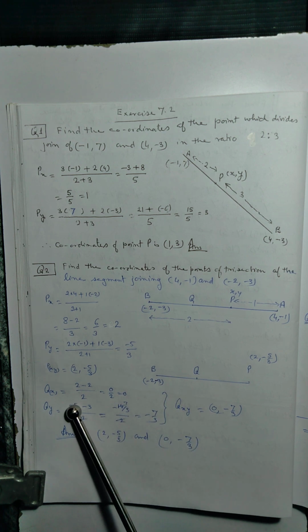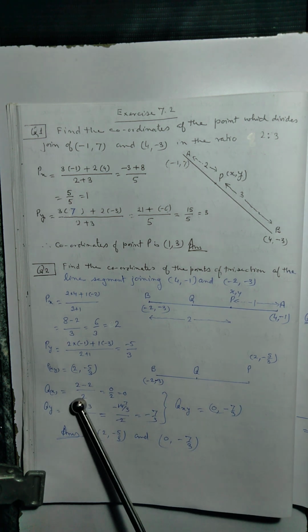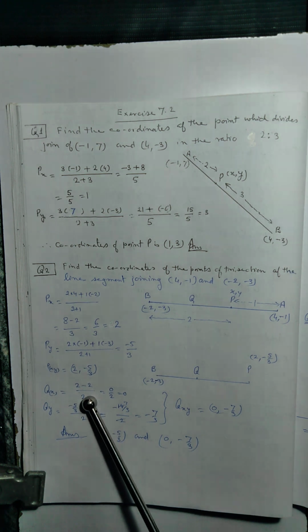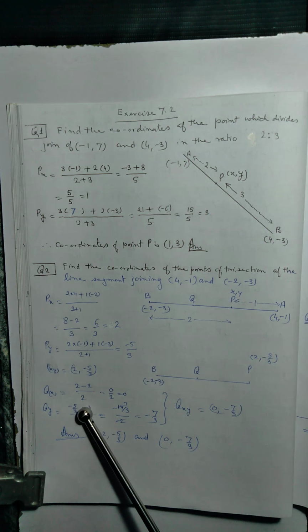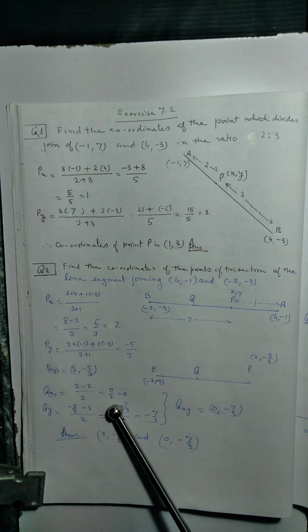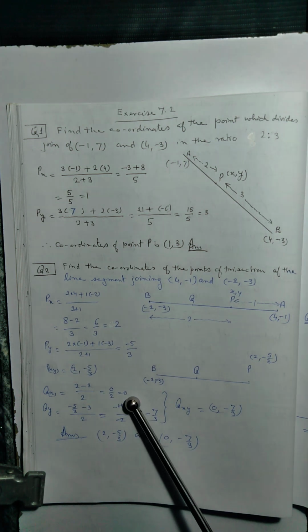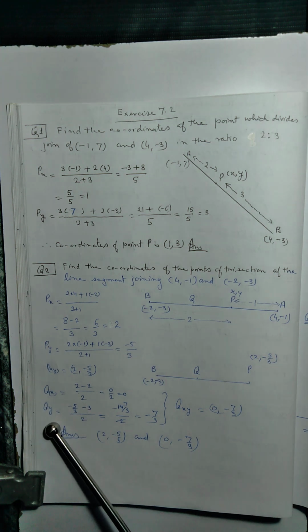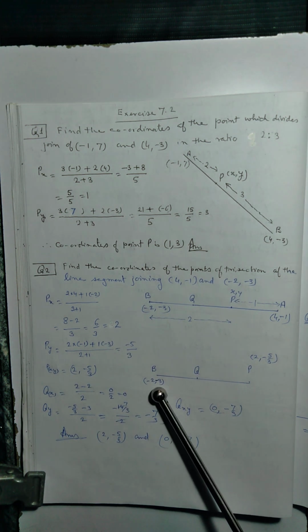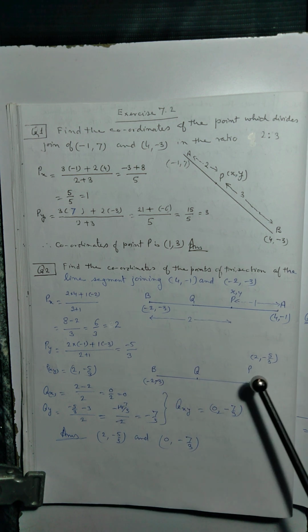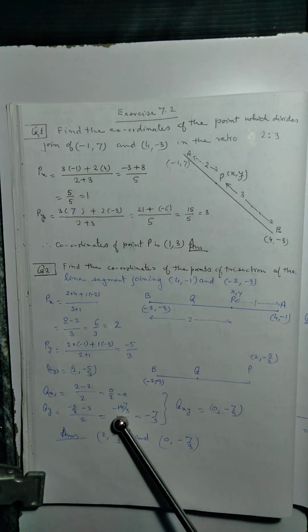So here qx is 2 minus 2, divided by 2, that is 0 divided by 2, which is 0. And now in order to get y, you sum up the ordinates of B and P, because Q is the midpoint.